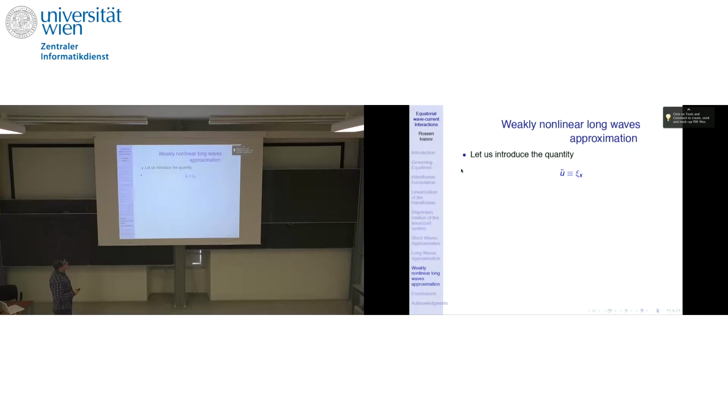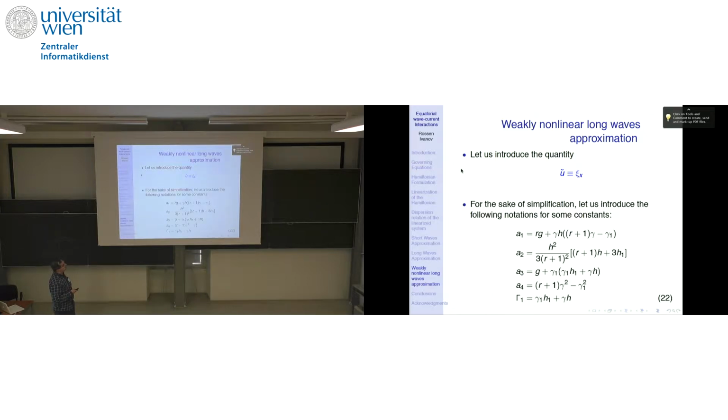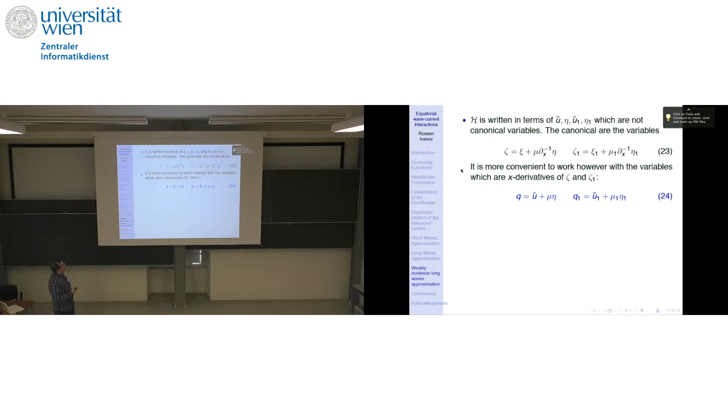Okay, but now let's look at the weakly nonlinear approximation. You remember these things: psi x, the potential variable, is the generalized momentum, and psi x is some sort of velocity. This is a bunch of constants that we need, and zeta and zeta 1 are the canonical variables.